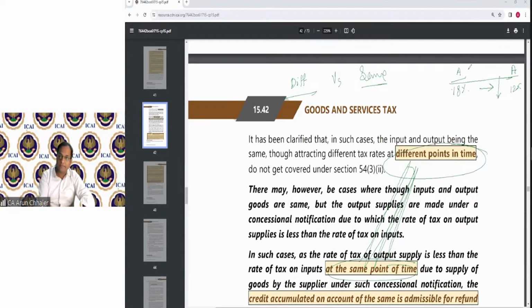Mr. Ravi is purchasing the goods A at 18%. He is supplying the goods subsequently at 12%.